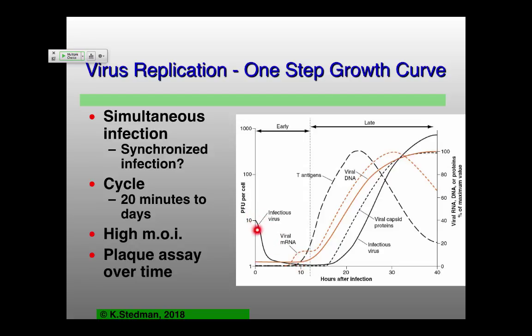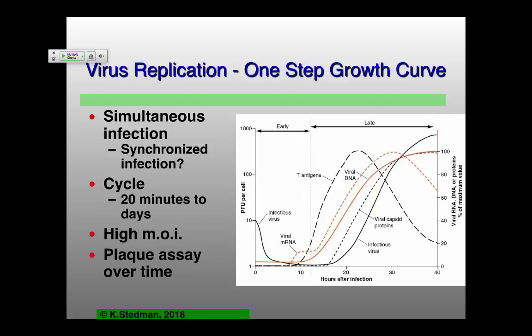That goes down because you're really interested in infected cells and that process of the infection going on to new virions. So this goes down, and we'll talk about how that happens. It gets to a pretty low level, and after a certain period of time, and this varies from virus to virus, you'll start to see more and more infectious particles, and eventually this will level out.